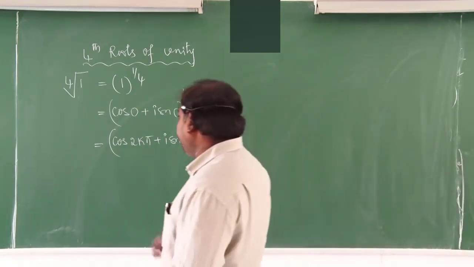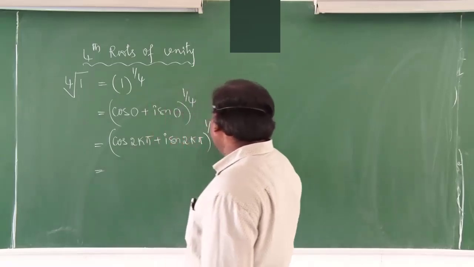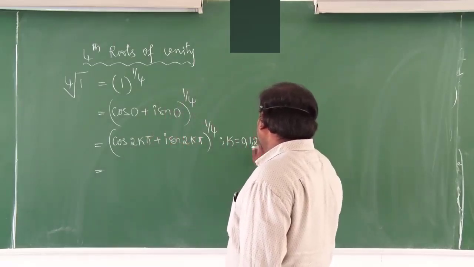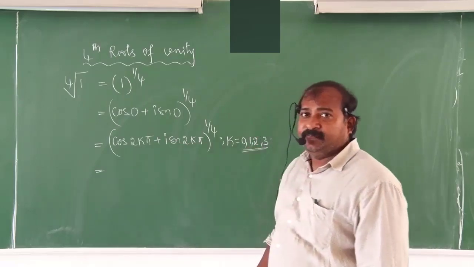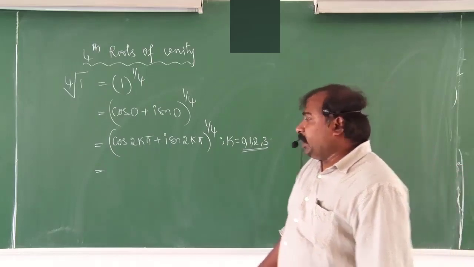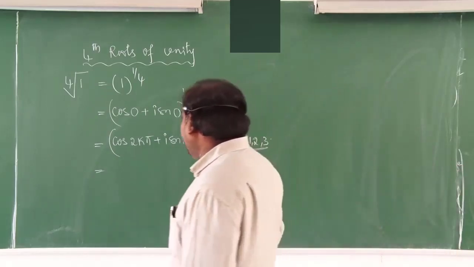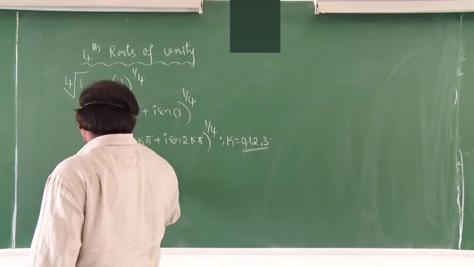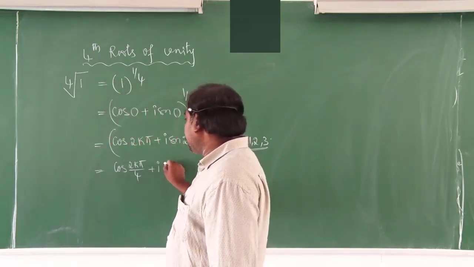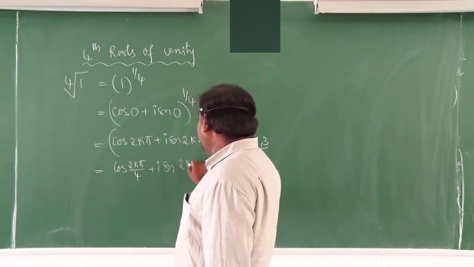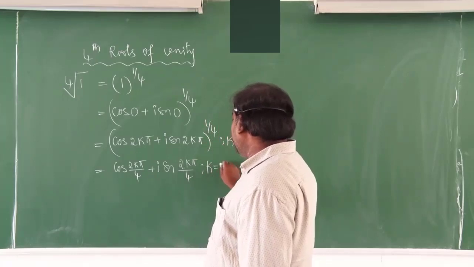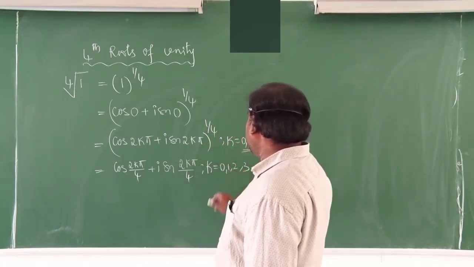Now this is equal to, and here k is equal to 0, 1, 2, 3. Four values we are taking. Don't take 4, because if you take 4 you will again get the same thing. According to De Moivre's theorem, this value I can write as cos 2kπ by 4 plus i sin 2kπ by 4, k equal to 0, 1, 2, 3.